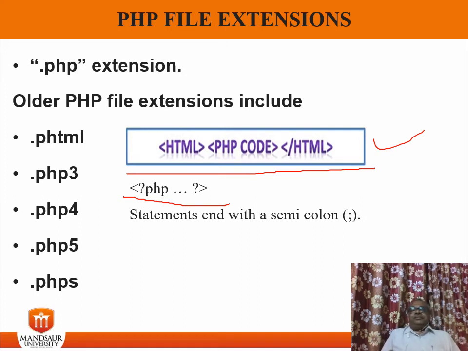If you only have one statement, you can omit the semicolon, but if you have more than one statement, then you must end each line of code with a semicolon.